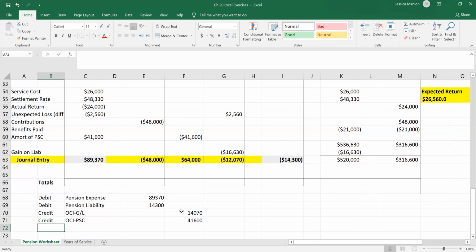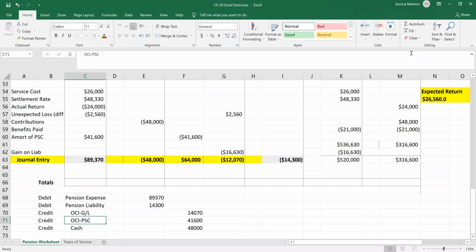And then credit cash. I meant to tab these over a bit, but credit cash, 48,000. Okay. I'm sorry, guys. We kind of got rushed. It looks like I highlighted the wrong numbers here, but that's what our journal entry would look like.